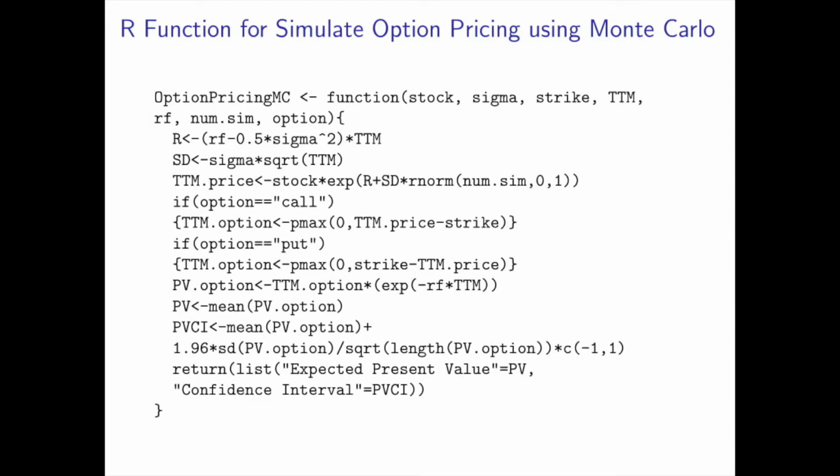For the put option, which gives the buyer the right to sell at a specified price, the intrinsic value at maturity is the maximum between 0 and strike minus TTM price. Everything else is the same. In the final step of our function, after we got the PV.option sequence, which is the discounted value, we can use the mean function in R to estimate the value of the option.